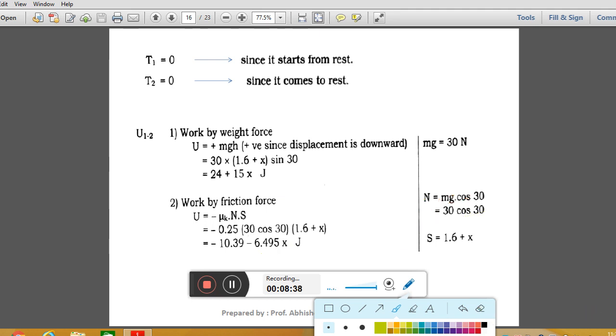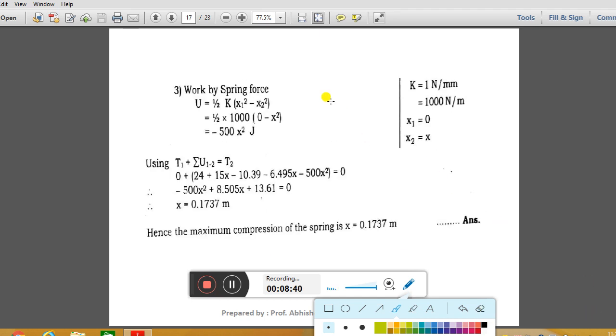Now let us find the work done by the spring force. The equation for determining work done by the spring force is half k times (x1 square minus x2 square), where x1 is the initial deformation, that is the deformation at position 1, which is 0, and x2 is the final deformation.